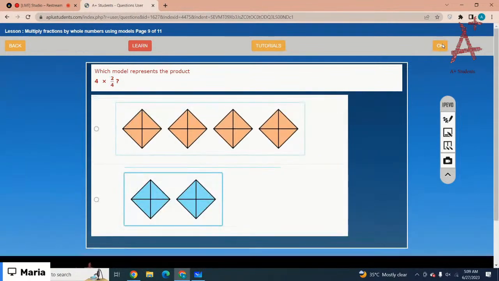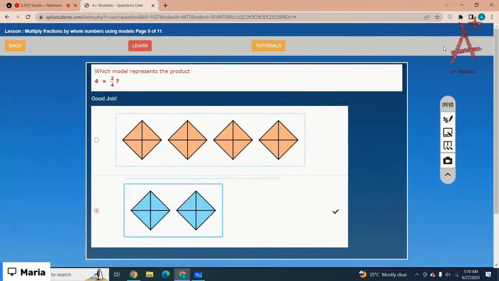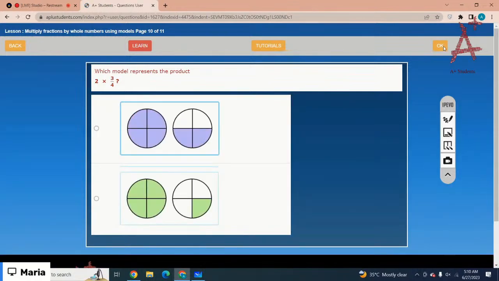Which model represents the product, which is the correct option? 4 times 2 over 4. That would be the second option. Very good. Which model represents the product, which is the correct option?